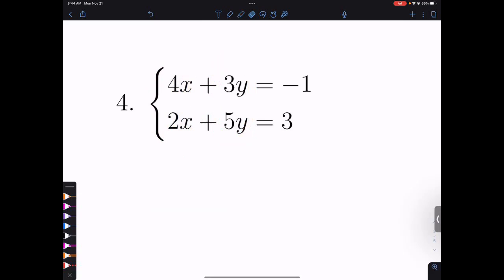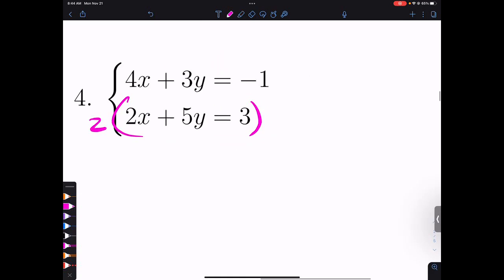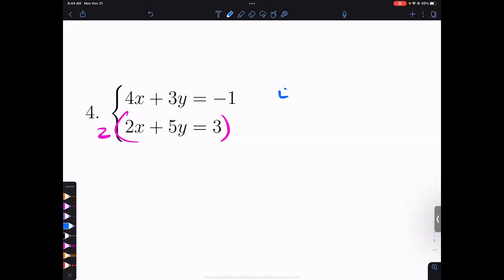If I take the second one and multiply by 2, then we can subtract, and x's will drop out and follow on from there, right? Again, that doesn't make it the right way to do it. I'm just sharing with you how I would think through how I would plan going into a problem, right?